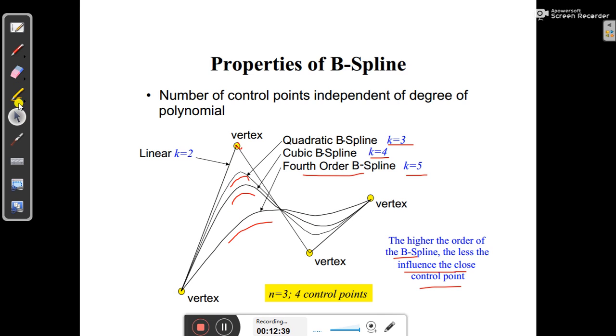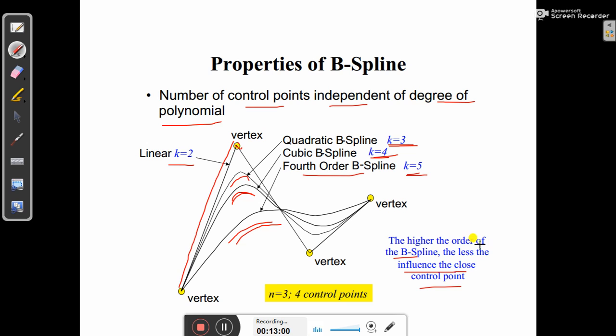That is why it says the number of control points is independent of the degree of polynomial. When it becomes only linear, then k equal to 2. But when k is 3 it becomes like this, when 4 it becomes like this, when 5 it becomes like this.